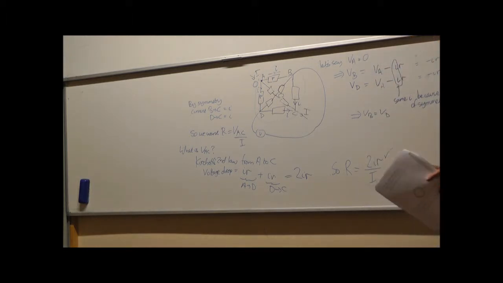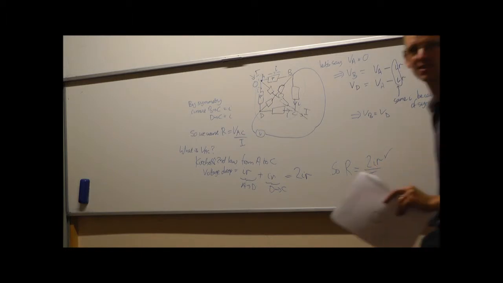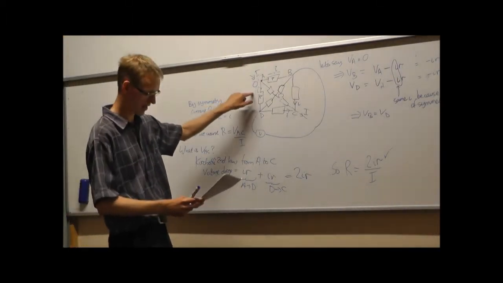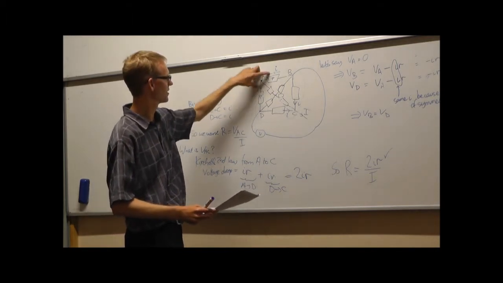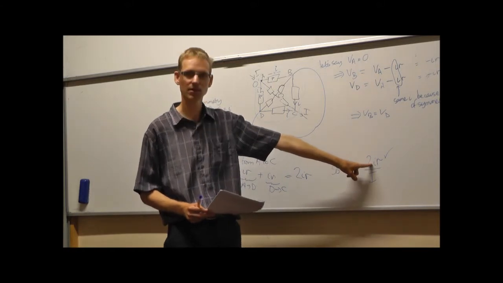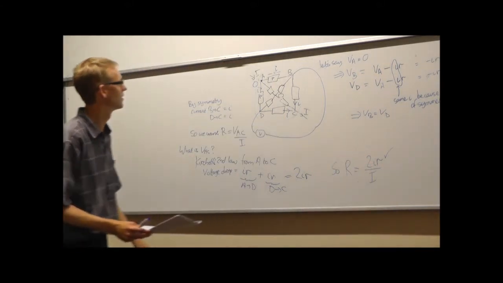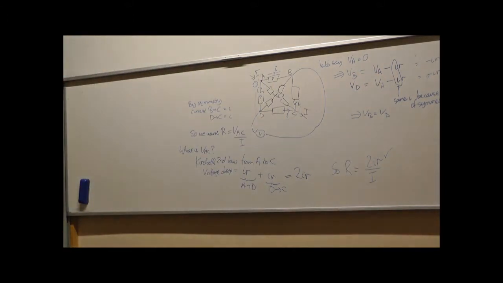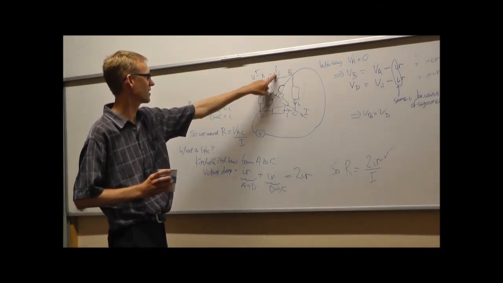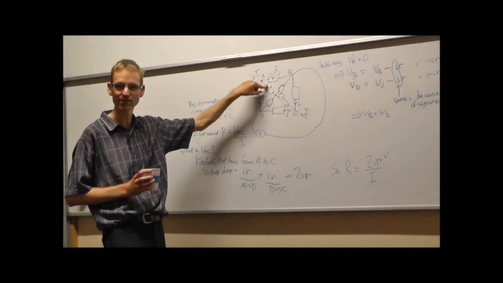We know that. So what we need to do is get some cancellation going there. So what is our total current in terms of our I? Now that needs a quick think, because our total current is I plus whatever flows through here.